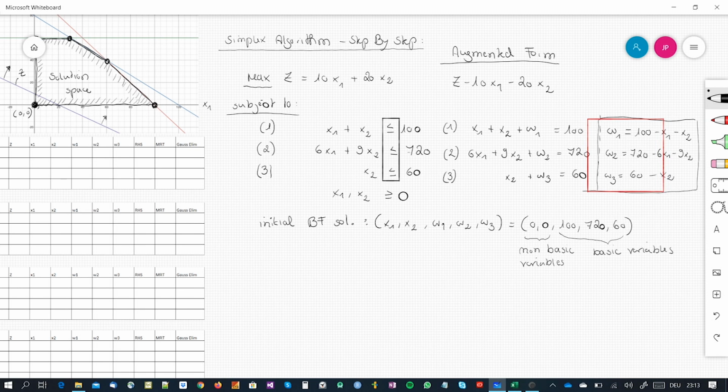It is useful to use just some sport allegory for this. So the variables that are non-basic are those who are sitting on the bench, while the ones who pertain to the basic solution are those who are in the team.